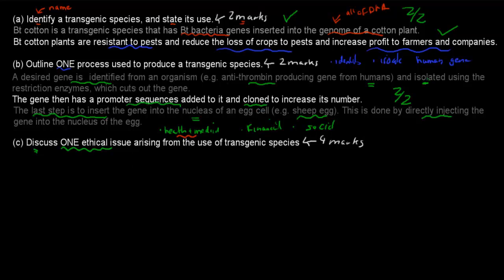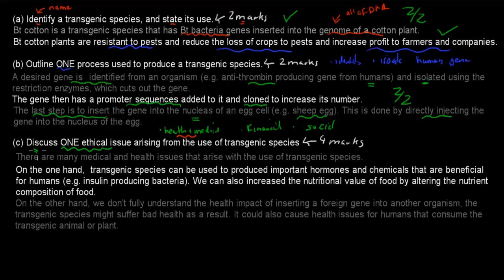So what I did is I said, there are many medical and health issues that arise with the use of transgenic species. So here I've identified the ethical issue I will talk about, medical and health issues. Now first, the ones for using transgenic species when it comes to medical and health issues. On the one hand, transgenic species can be used to produce important hormones and chemicals that are beneficial for humans.